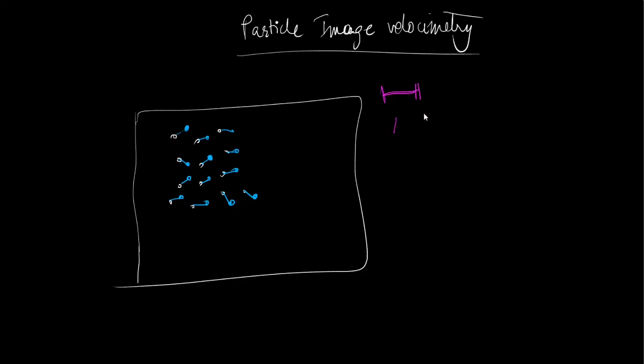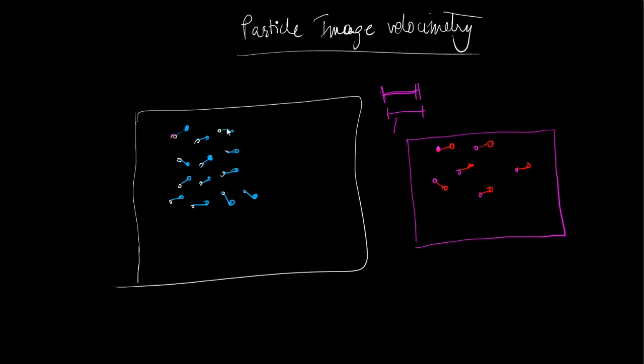You imagine the entire room is dark, and suddenly you shine a laser. Wherever the particles are, the particles will shine because of the laser. Then you switch off the laser, then you again pulse the laser. In that time period of pulsing, the velocity has acted upon the particles and the particles have moved ever so slightly.